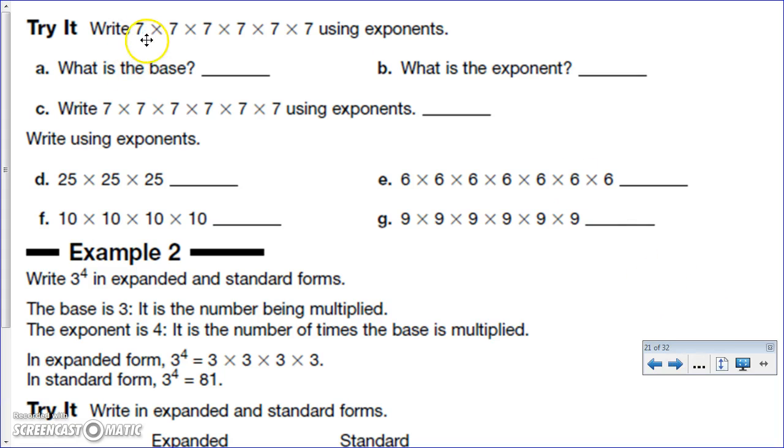So the first thing we look at, we know we're going to have 7 as the base, because that's the number we're multiplying. Then we count how many 7s we have, and we can see that we have 6 7s there, so 6 is our exponent. So it becomes written as 7 to the 6th.